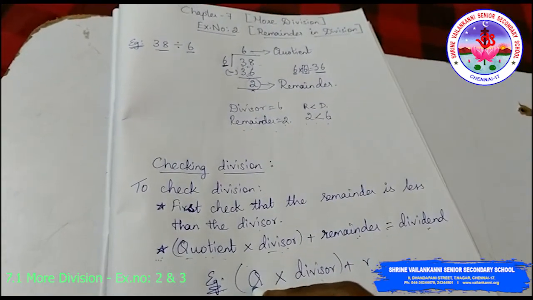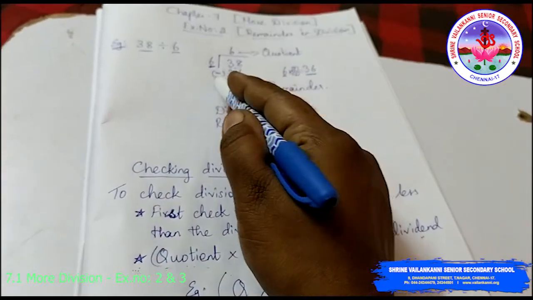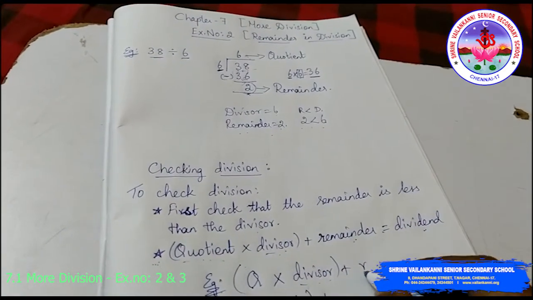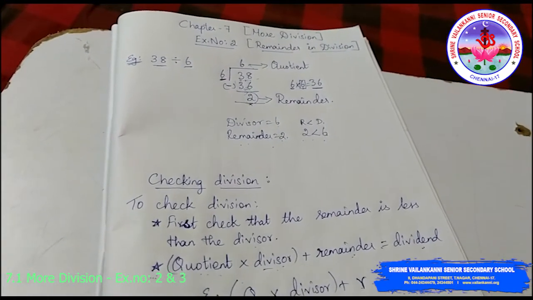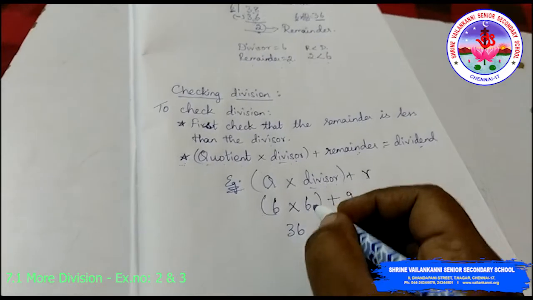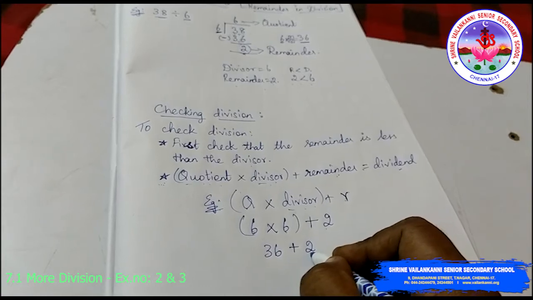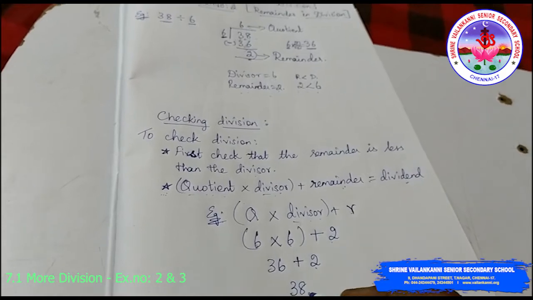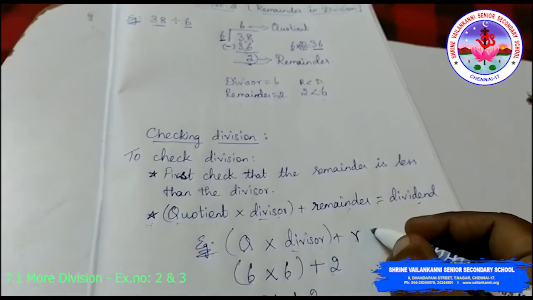The quotient is 6 into the divisor, which is also 6, plus the remainder, which is 2. 6 6s are 36, plus 2. This remainder you have to add. What do you get after adding? 38. This 38 is nothing but your dividend.